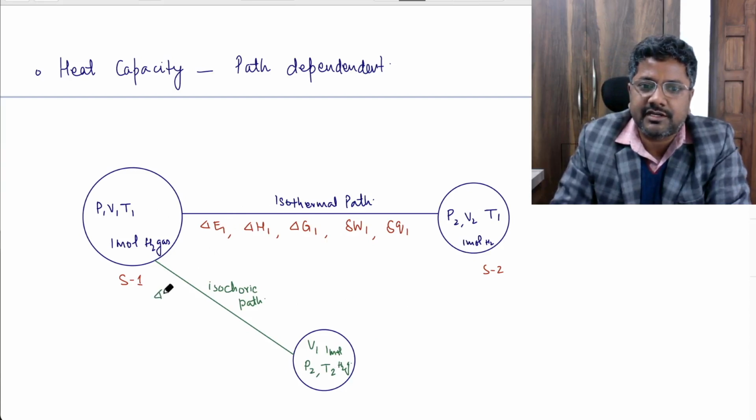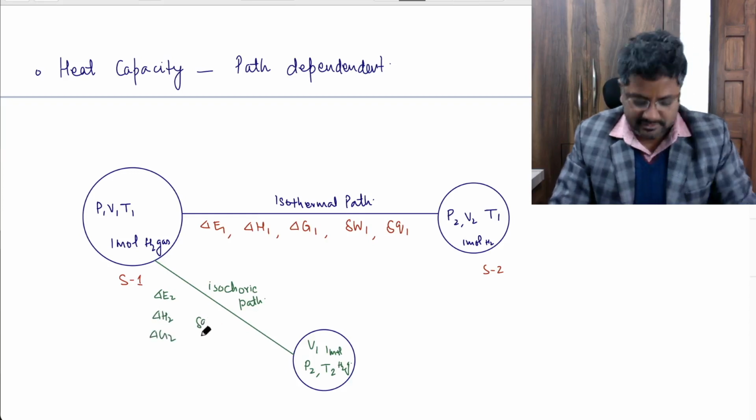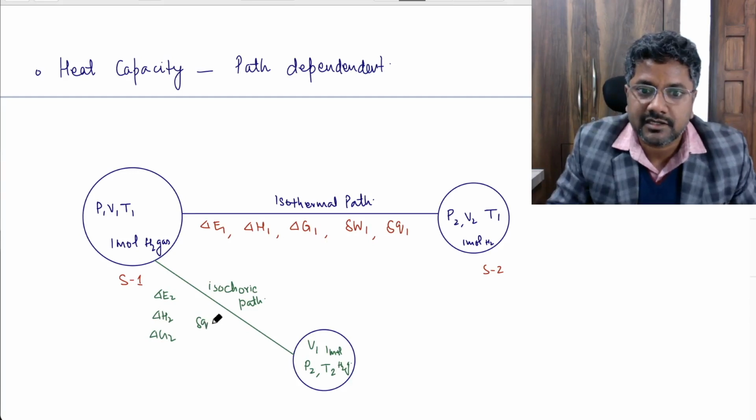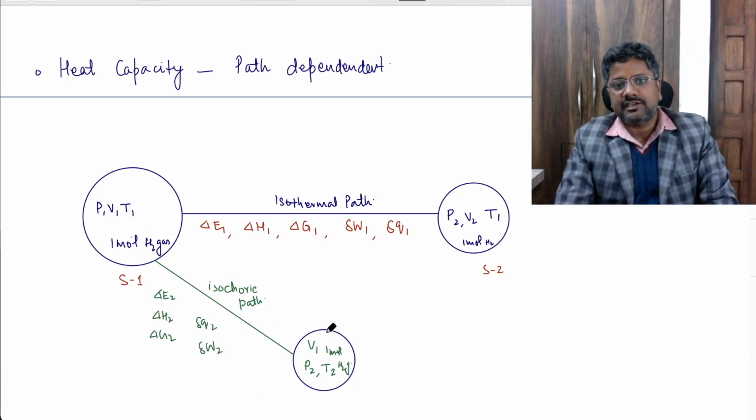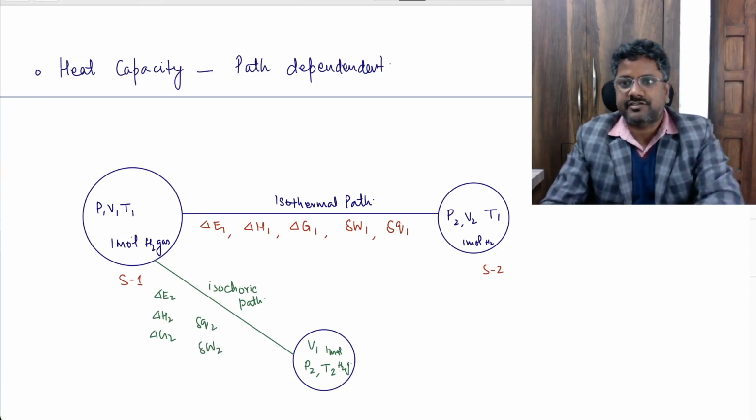So here delta E2, delta H2 also, because the state is different, delta G2, and heat delta Q2, and work delta W2. Suppose that from this state to this state, these are the changes.